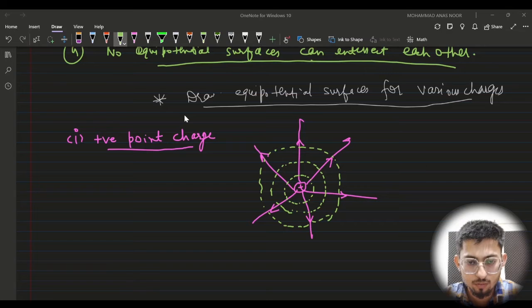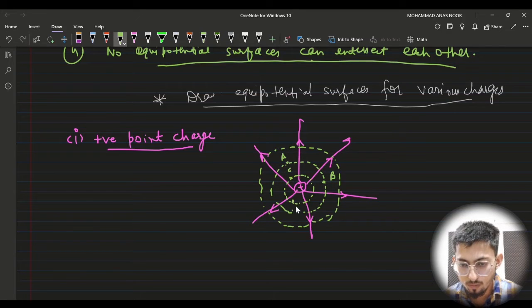Because it says it's an equipotential surface. No, like, why is it so? Why is it not some straight line even? Why are they only circles? Is the potential at this point the same as that of this point? And what about points C and D, which are on another circle?